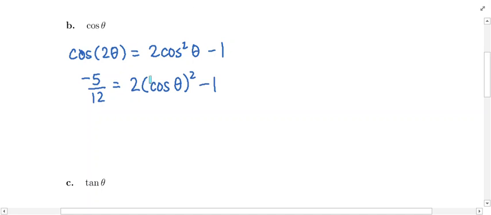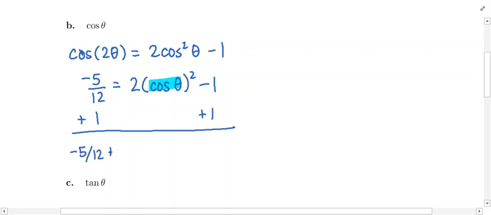We're trying to solve for the cosine of theta. Just like we did in part A, we've got to isolate this trig piece. To isolate it, I'm first going to add 1 to both sides. This is going to give me negative 5/12 plus 12 over 12 is equal to 2 times the cosine of theta squared.